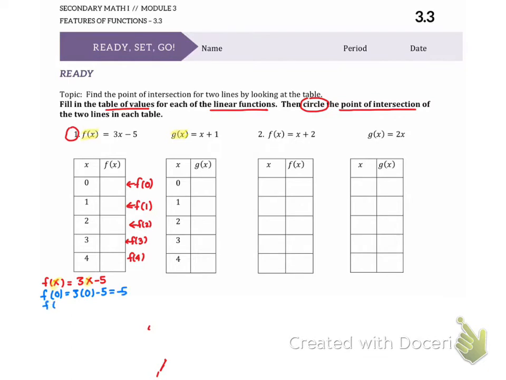Then f of 1, 3 times 1 minus 5, that's 3 minus 5, negative 2. f of 2, 3 times 2 minus 5, that's 6 minus 5, that's 1. f of 3, that's 3 times 3 minus 5, 9 minus 5, that's 4. And f of 4, that's 3 times 4 minus 5. 3 times 4 is 12, 12 minus 5 is 7.